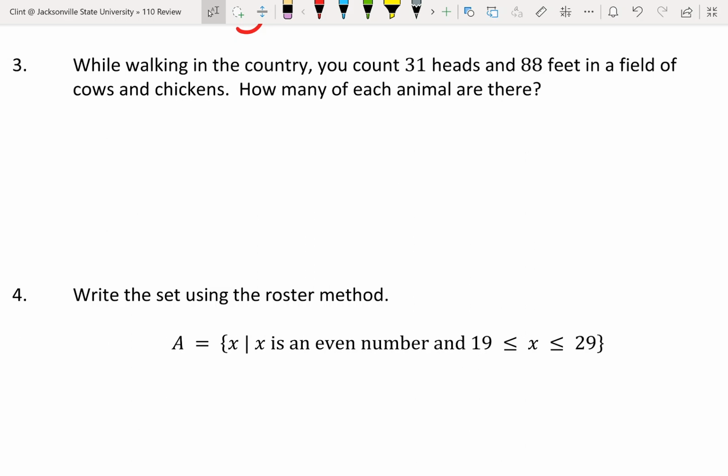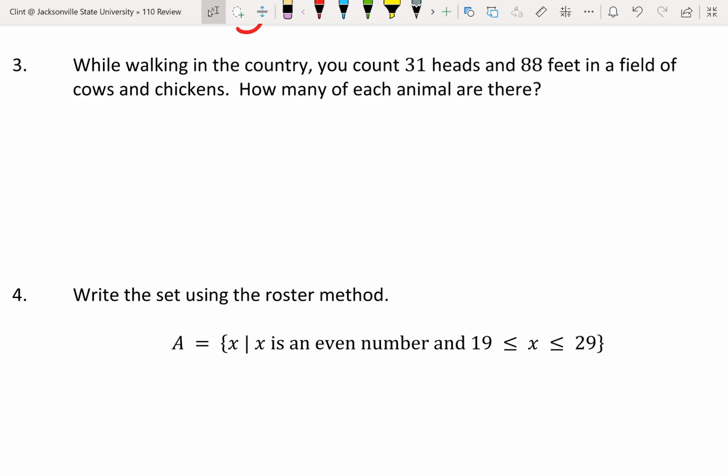So we've got 31 heads, 88 feet in a field of cows and chickens. The idea there, we're making some assumptions. We're assuming that the cows and the chickens only have 1 head each, and that all the cows have 4 feet and all the chickens have 2 feet. It asks us how many of each animal we have.